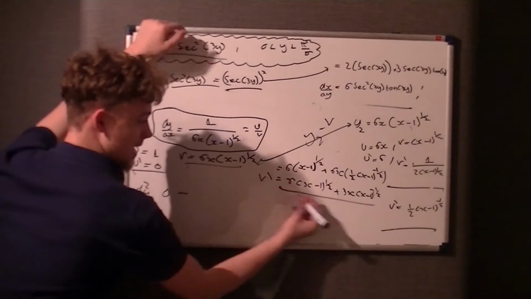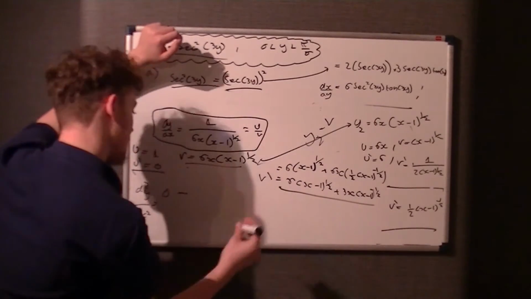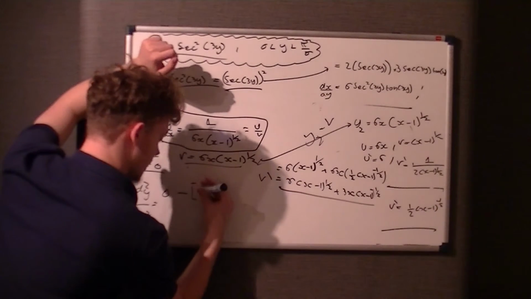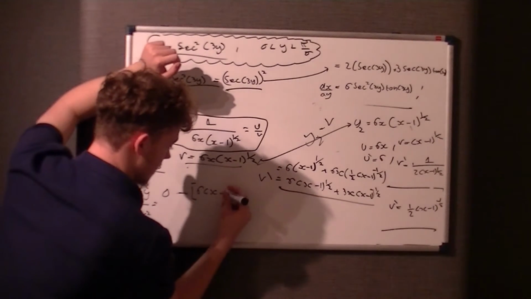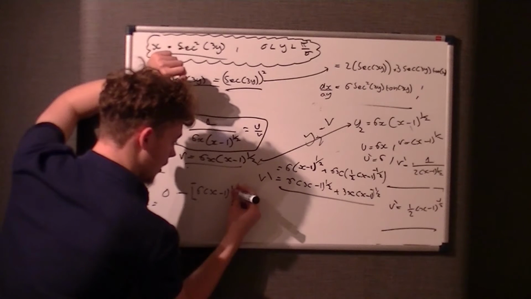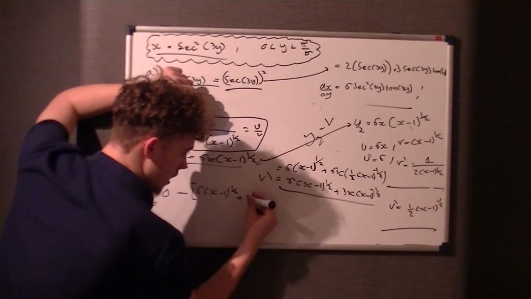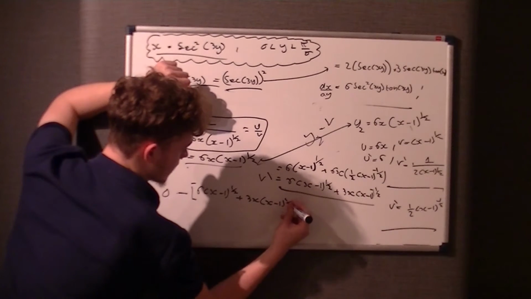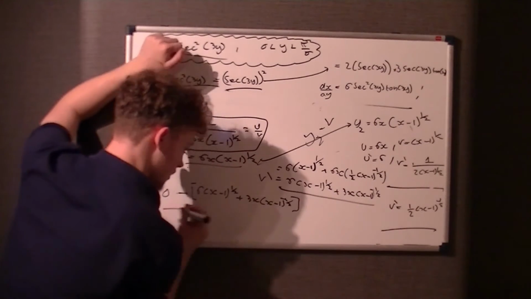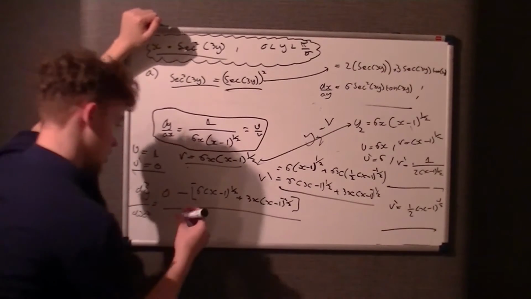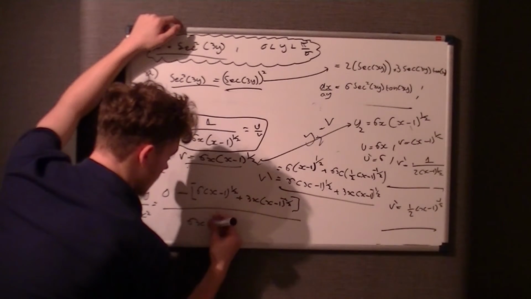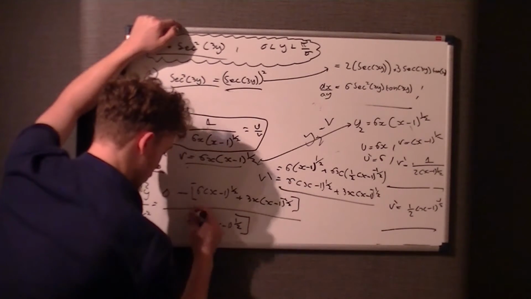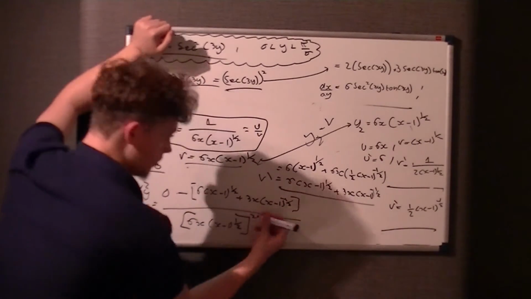So it's just 1 times v dashed, which is just v dashed. So it's 0 take 6 brackets x take 1 to the power of a half plus 3x brackets x take 1 to the power of negative a half, all over v squared, which is 6x x take 1 to the half all squared. So you square each term individually on the bottom.